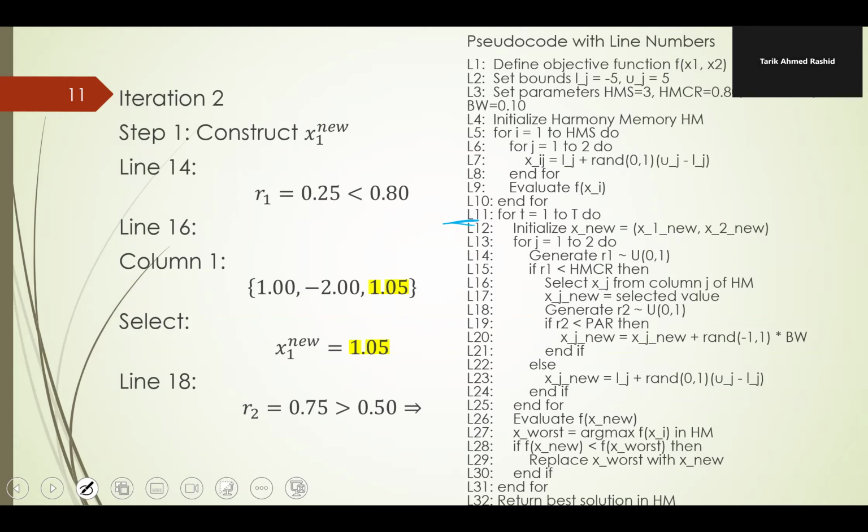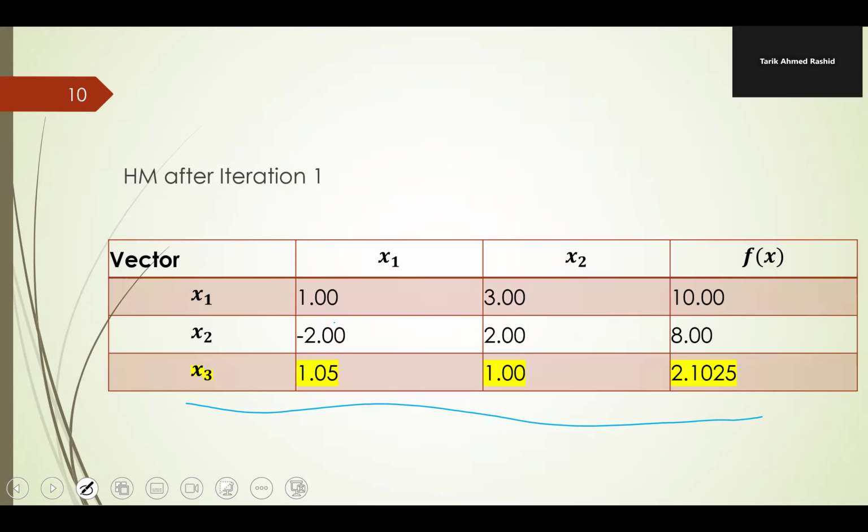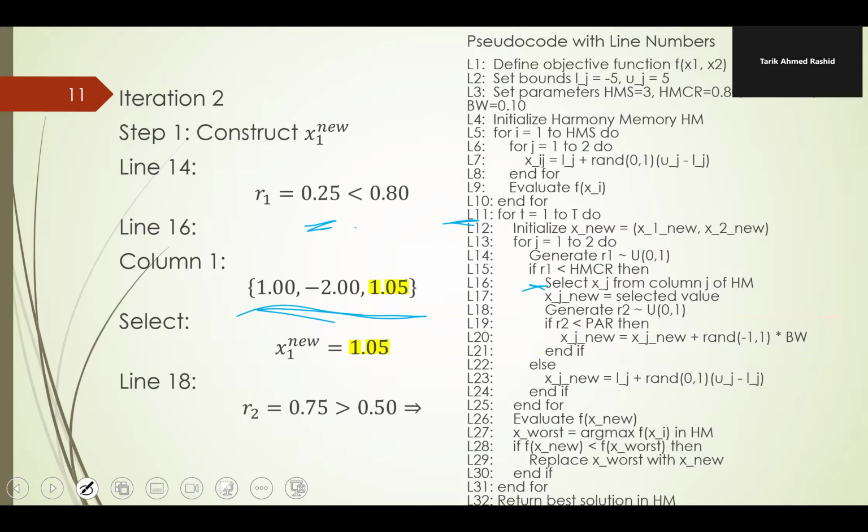Now we generate R. This time R is 0.25. 0.8 is greater than 0.25, so we go inside and select column 1, which is this one. Column 1 is selected, so the new solution is 1.05.